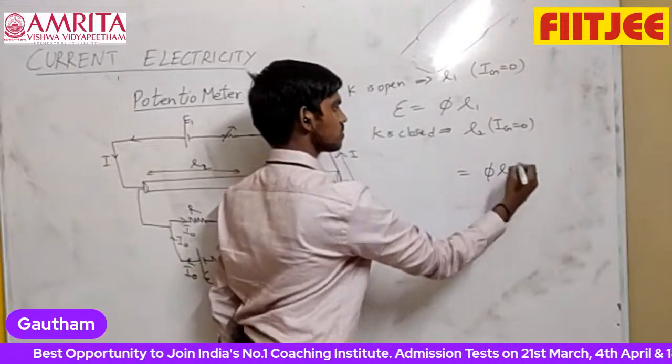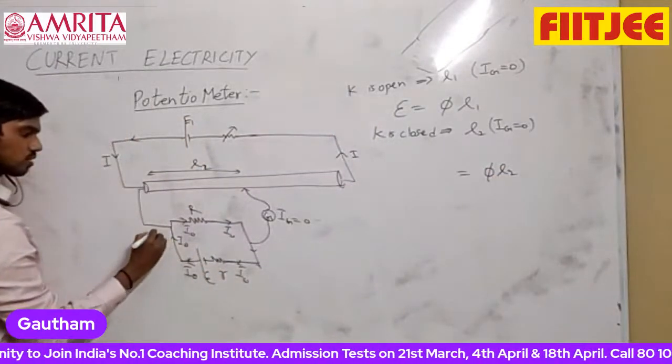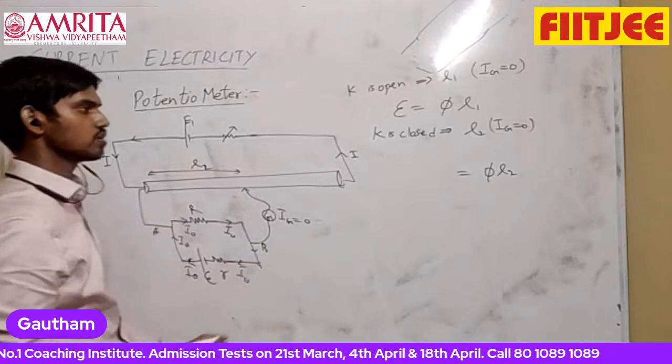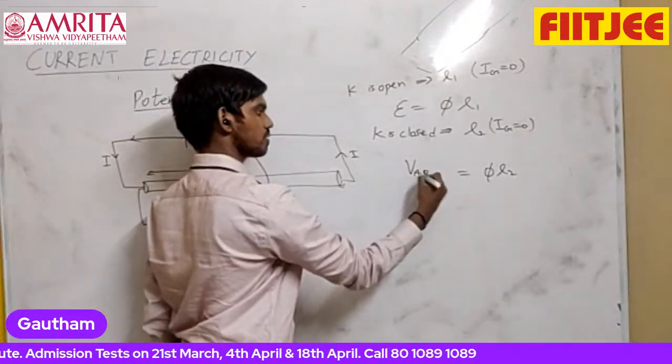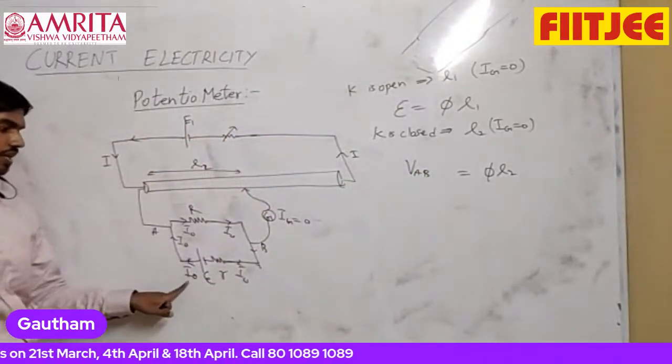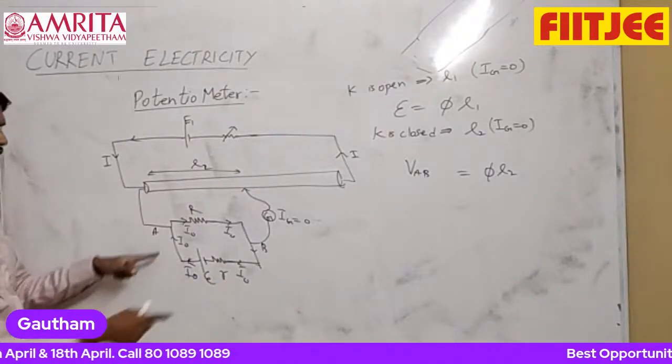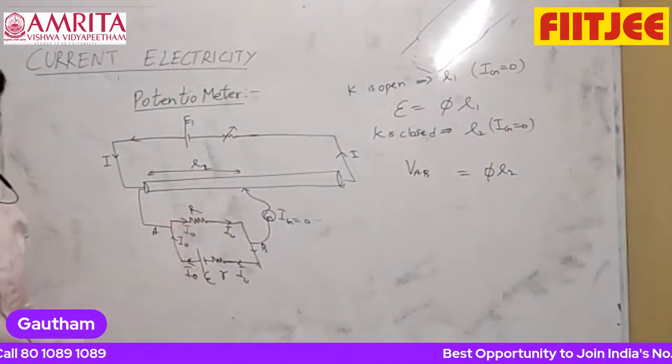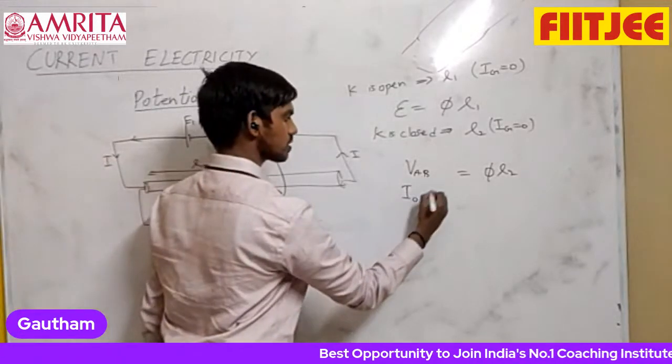So phi into L2 is equal to the potential drop across A and B. Either you can write E minus I0 into r, or you can also write I0 into capital R. Both are correct. So I0 into capital R.